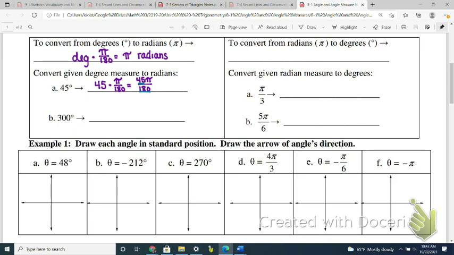From here, you will get that 45 over 180 is 1/4, so it's 1 pi over 4. Just like normal, if we have a 1 in front of it, we don't necessarily need it there, so it's really just pi over 4 radians. Take a second, pause the video, try 300 on your own.